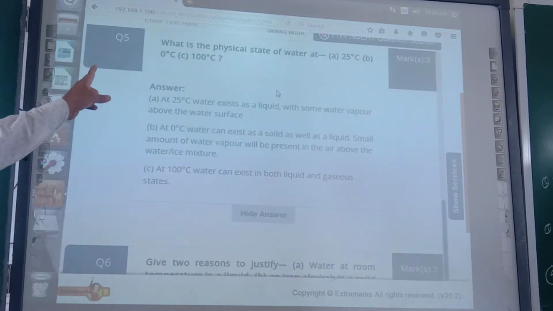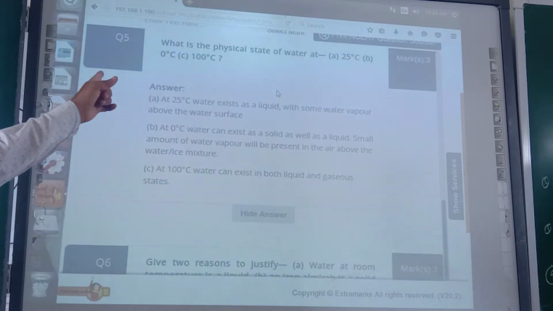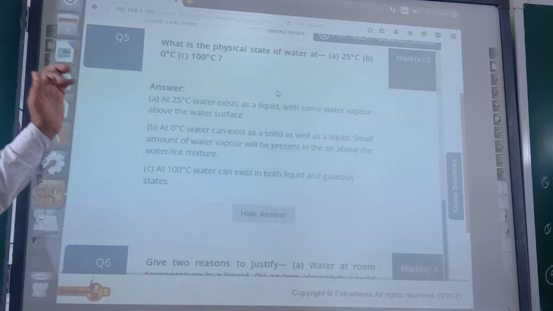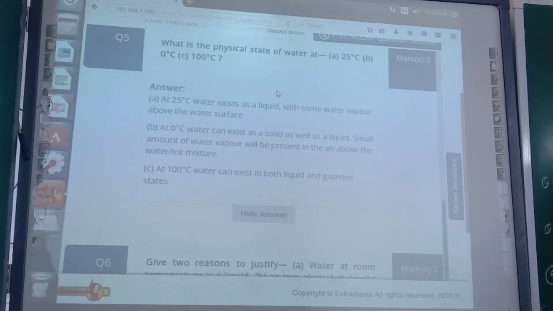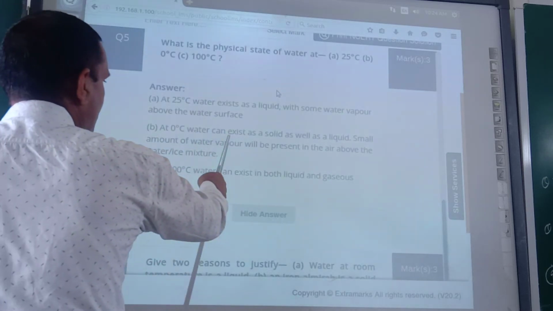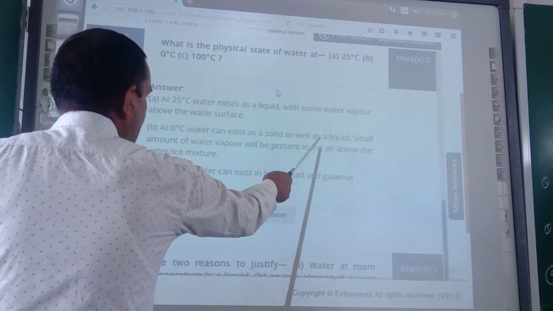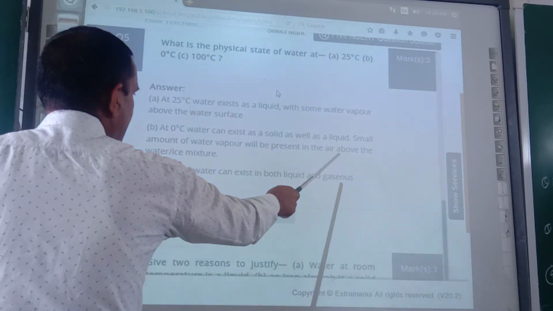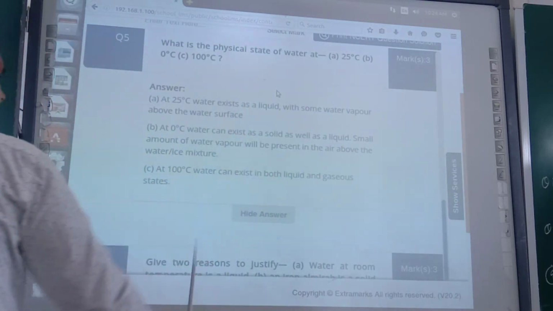So 0 degrees Celsius is the freezing point of water. So here water will exist as solid as well as liquid. Small amount of water vapor will be present in the air above the water-ice mixture.